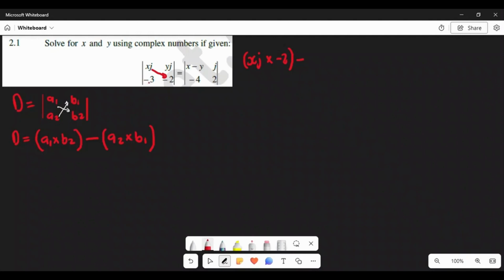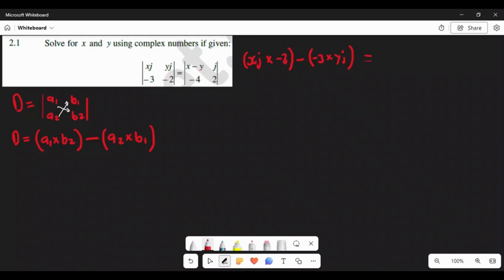So what is our A2 here? It's going to be -3 multiplied by yj. So that's how you do this one on our left hand side. Let me just erase this very quickly. So we are done on our left hand side.